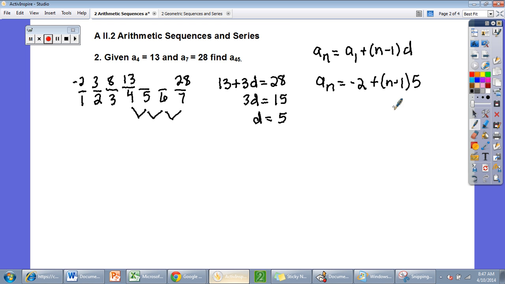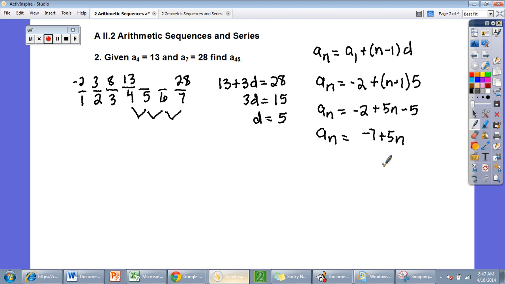So we want to go ahead and distribute that 5 here, so plus 5n minus 5. And we want to combine our like terms so that we come up with negative 7 plus 5n. That right there is the formula for our arithmetic sequence.